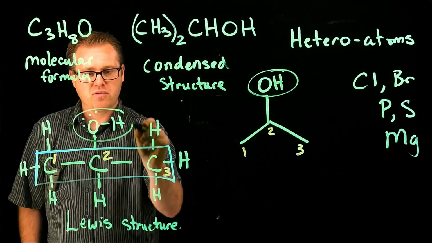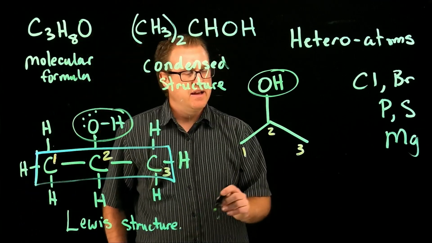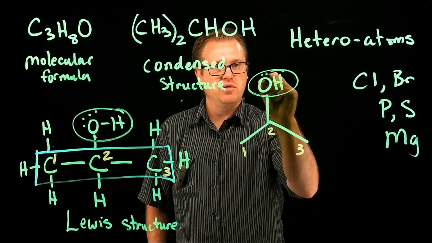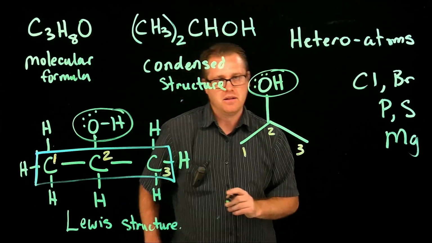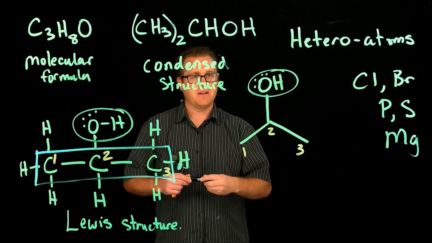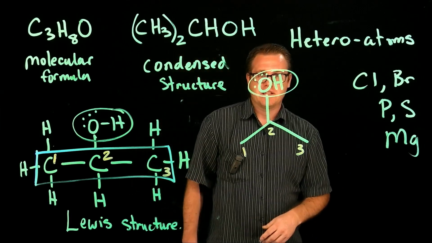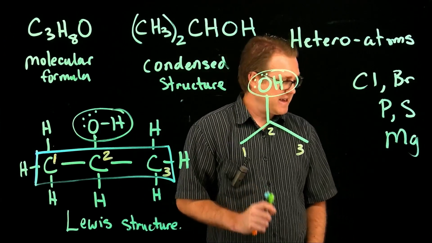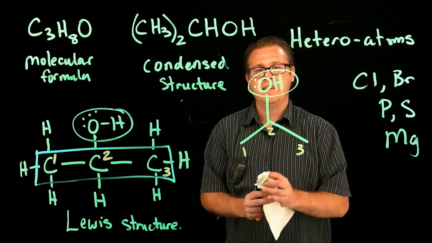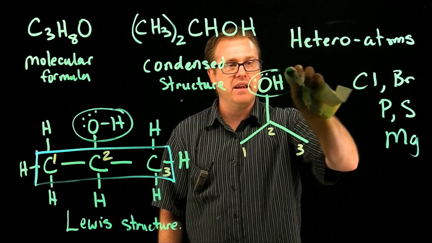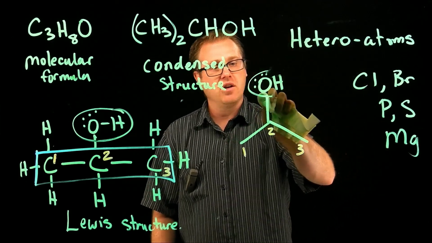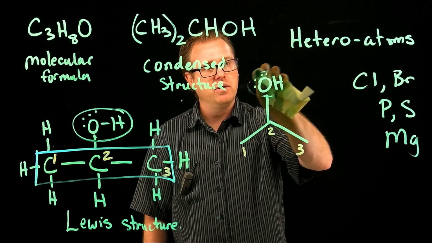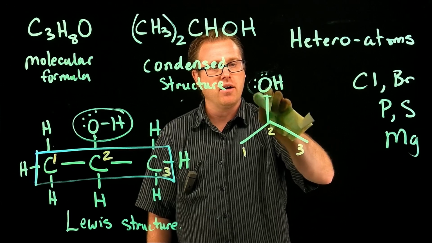Now on the zigzag structures, you can put in the lone pairs if you'd like. I think it's a good idea to put them on the zigzag structures because you're going to need these lone pairs in the future. And so it's a good idea to know how many there are.